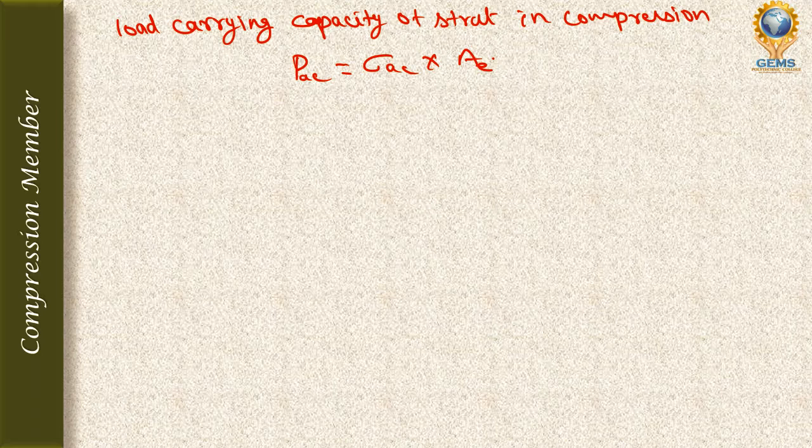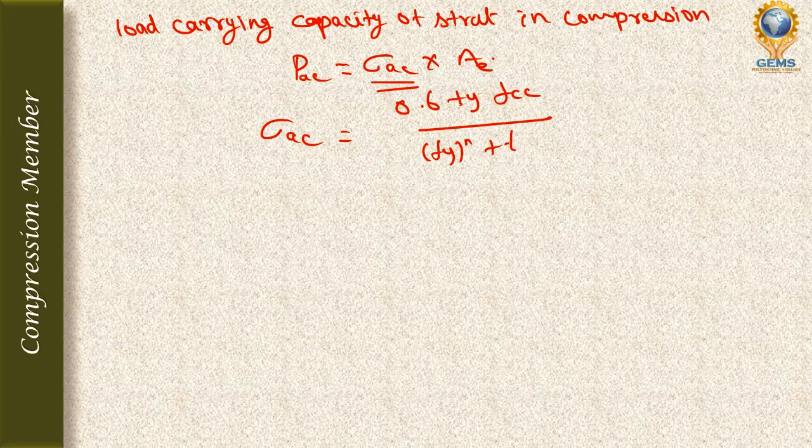So we can find sigma AC by 0.6 Fy Fcc by Fy power n plus Fcc power n, whole power 1 by n, which should be less than or equal to 0.6 Fy. But here in the question it says we have to assume it as a short column section.